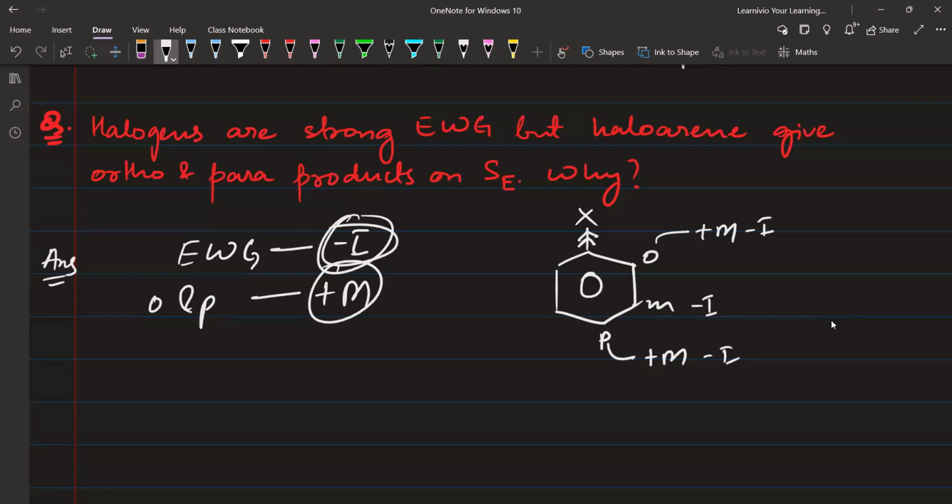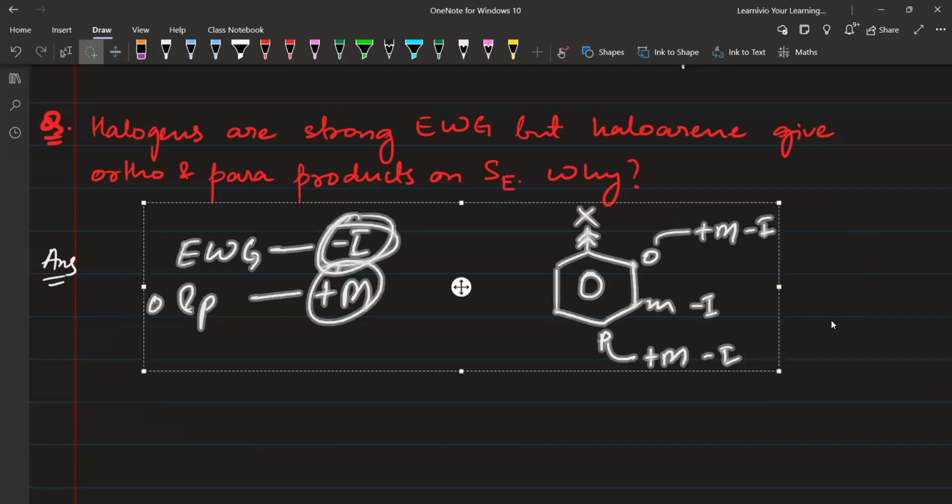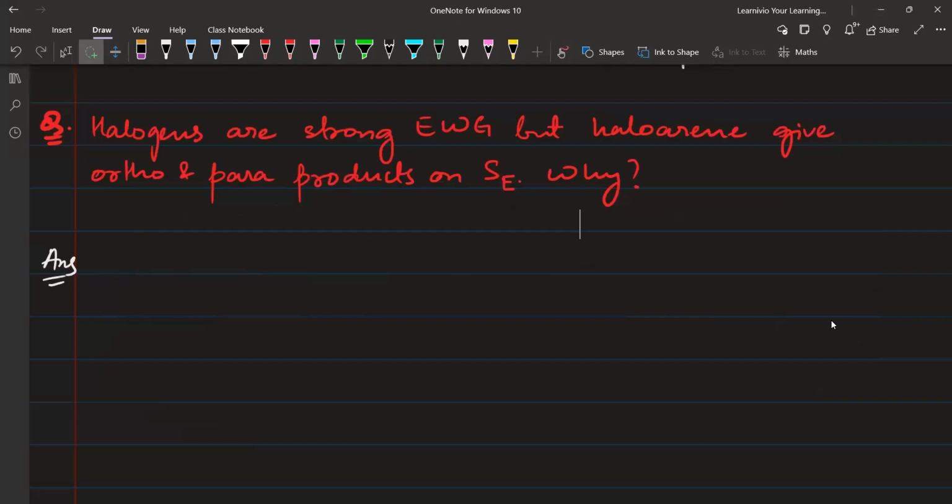So electron density is only decreased at the meta position. At ortho and para, it is decreased a bit less. And that is why, even though it is an electron withdrawing group, it still gives ortho and para products. This is valid for halogen atoms only. The reason is that it is a plus M group and it shows resonance.